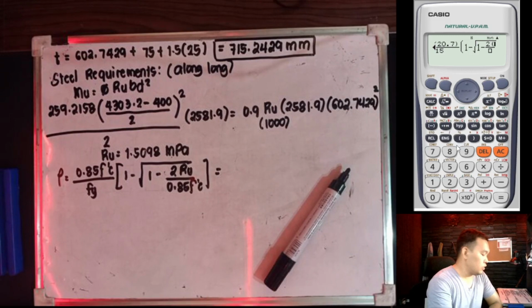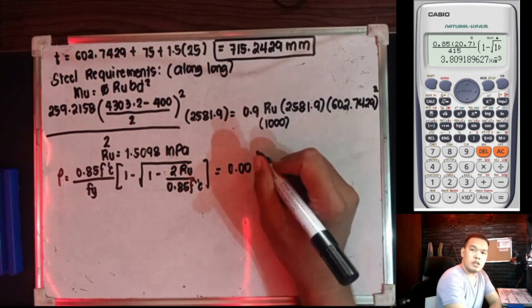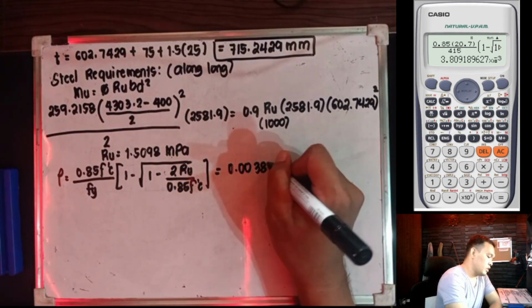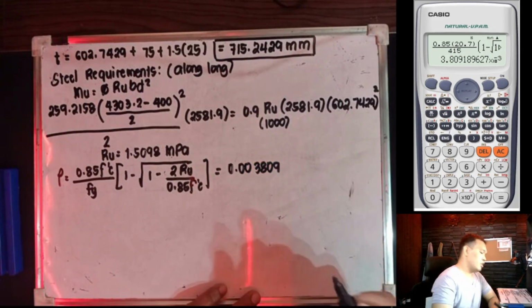The value of RU is 1.5098 all over 0.85 F prime C, which is 20.7. Okay? Equals 0.003809.